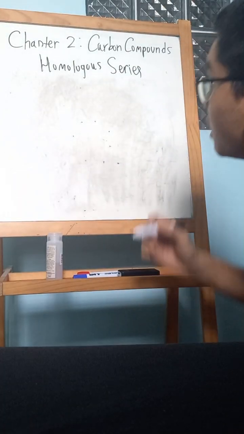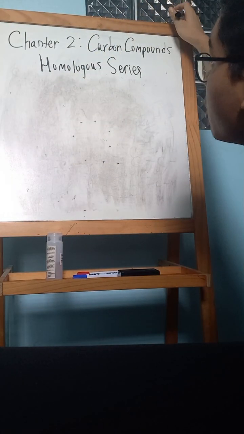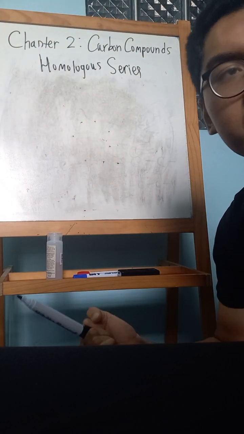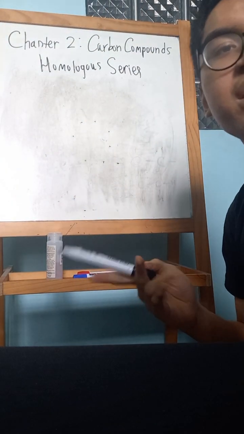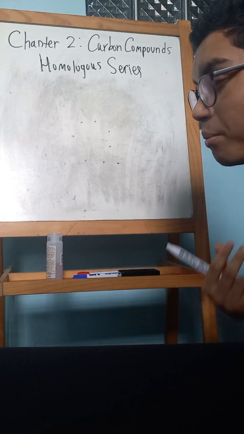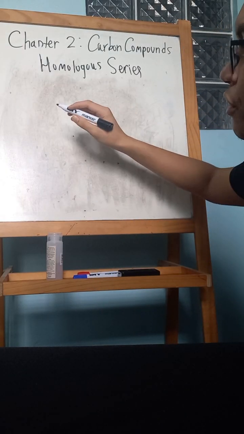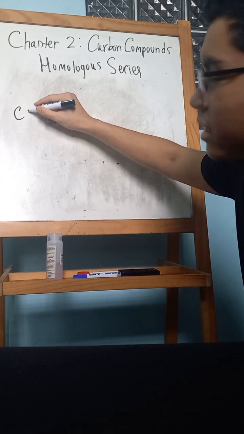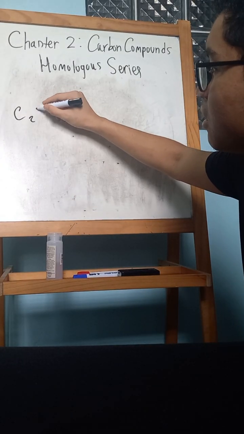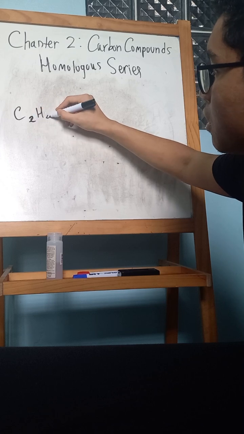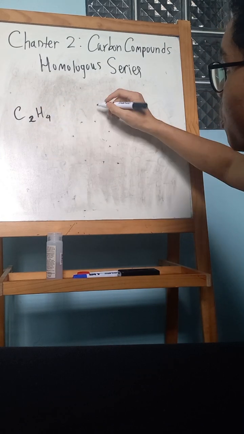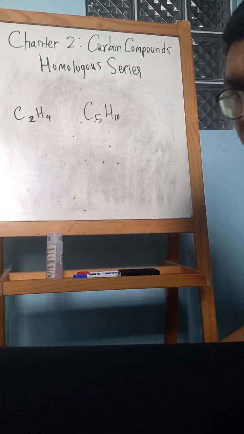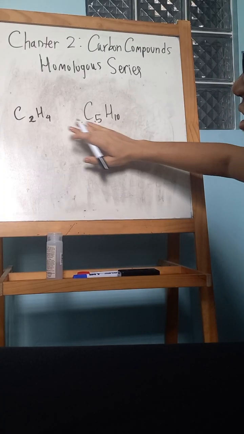Okay. Know that everything in carbon compounds is basically covalent, but the only exception being carboxylic acid. But that still doesn't mean anything. Basically, that means the more carbon atoms there are inside, so let's say C2H4 compared to C5H10, obviously this is going to be denser than this.